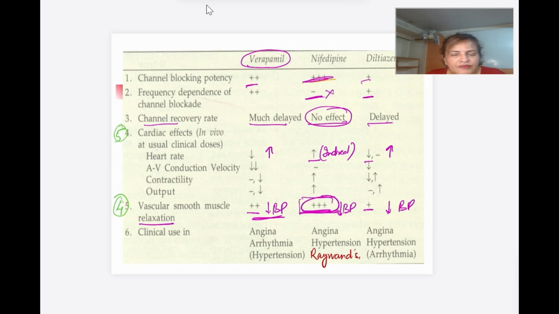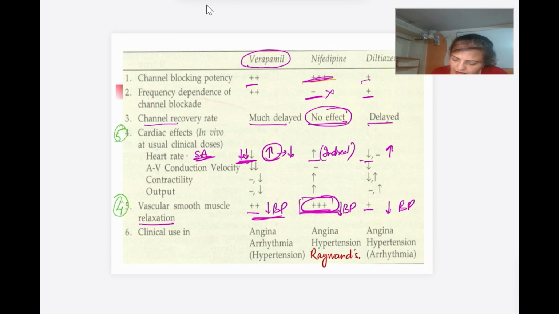But verapamil and diltiazem have more affinity for the cardiac tissue, so they are cardiodepressant. They bind with the SA node and decrease the heart rate, so their direct effect is depressant. This cardiodepressant action is more in comparison to the reflex tachycardia, so the net effect is a decrease in heart rate.